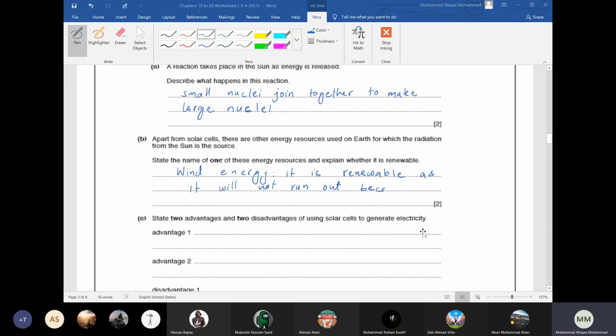Beta, actually my screen is not working. I'm even unable to scroll down to the next question. So you can restart here. I think I may have to restart it, so that will take a moment. Yes, sir.